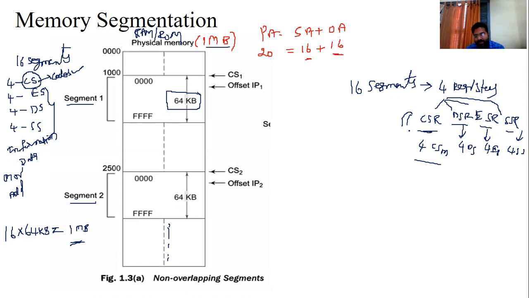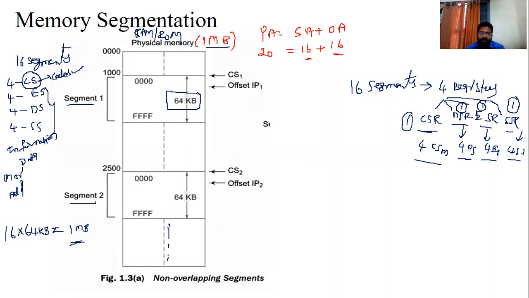So one code segment register is available to you, one data segment register, one extra segment register, and one stack segment register. Each segment register identifies four segmented memory locations. One data segment register is identified with four data segmented memories, one extra segment register with four extra segmented memories, and one stack segment register with four segmented memory locations.